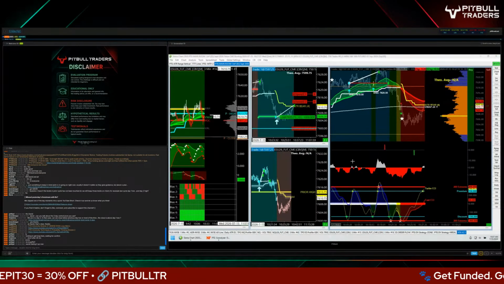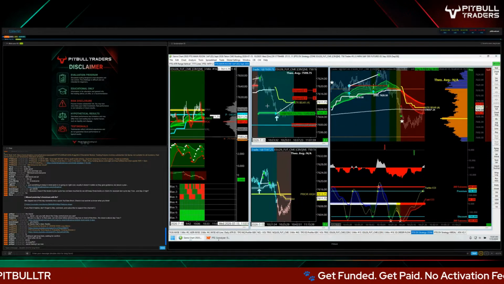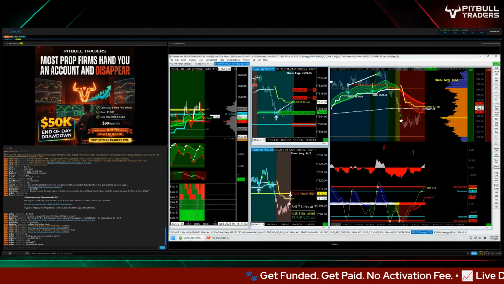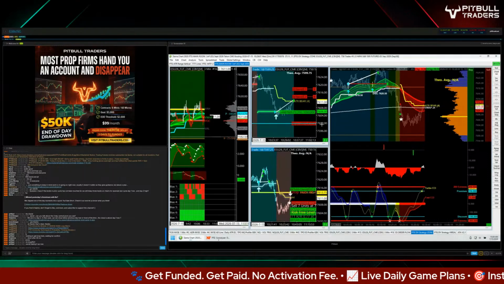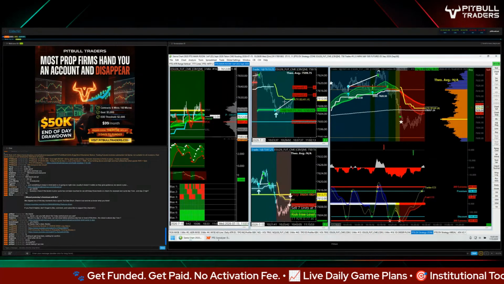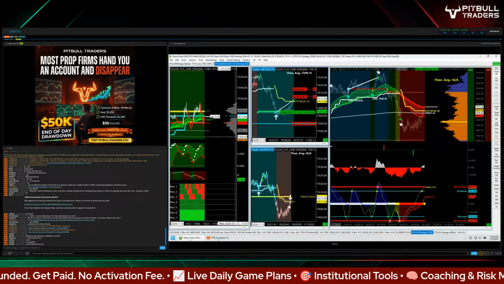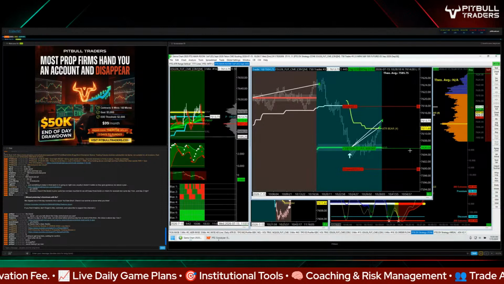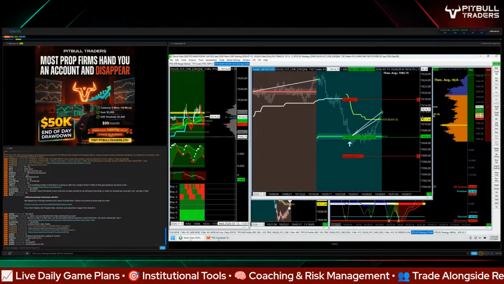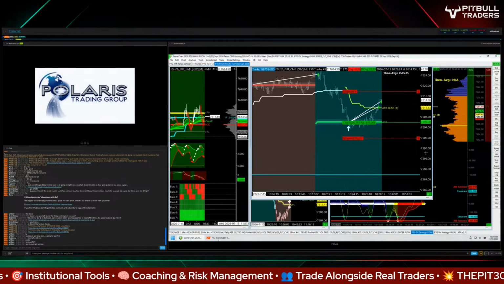Okay, we do have an A10 long here, as you can see, on that pullback down to the green zone, 76.05.75. We got first take profit out, and let me zone in. We got take profit 2 out there now, so 2 scales out. This is on the A10.